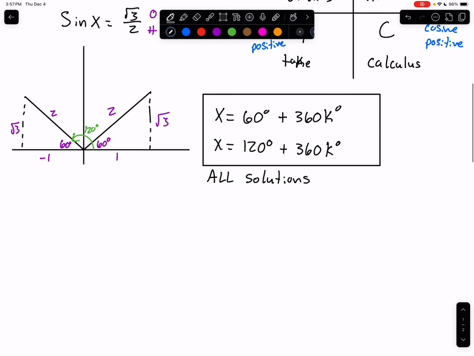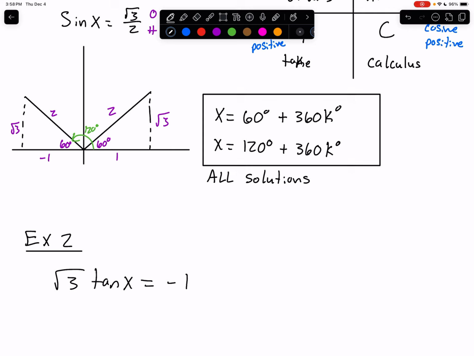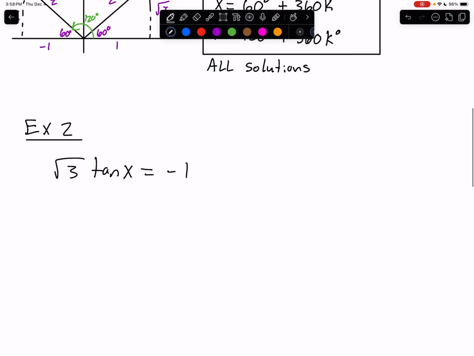Okay, let's look at another example here. Let's say we want to solve, let's do the square root of 3 times tangent x is equal to -1. Okay, and we're going to find all solutions again.